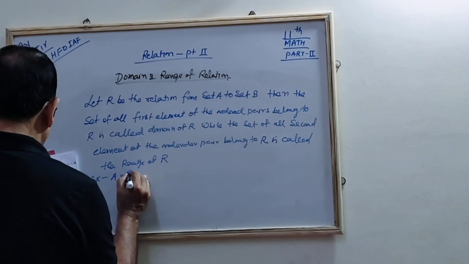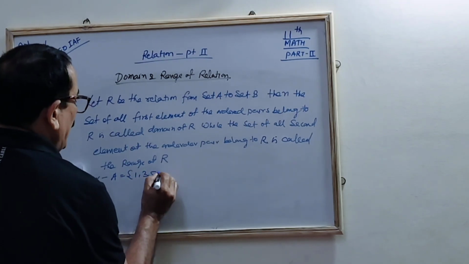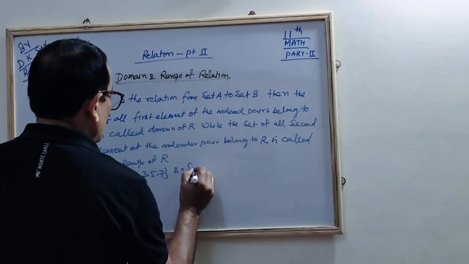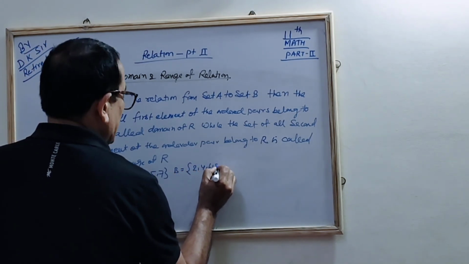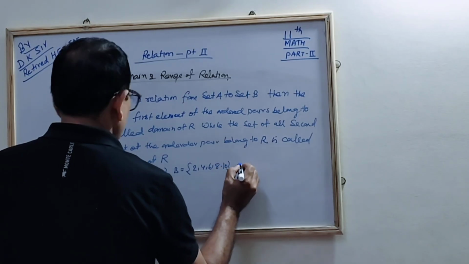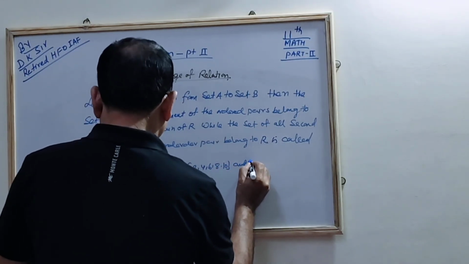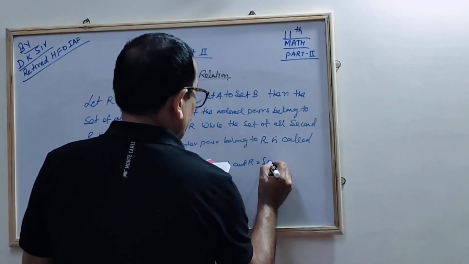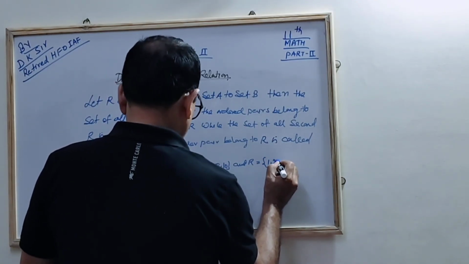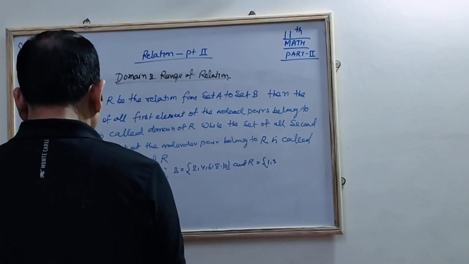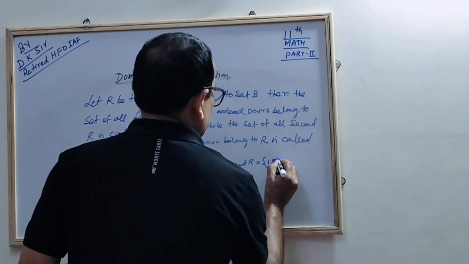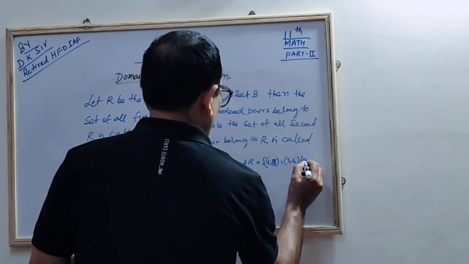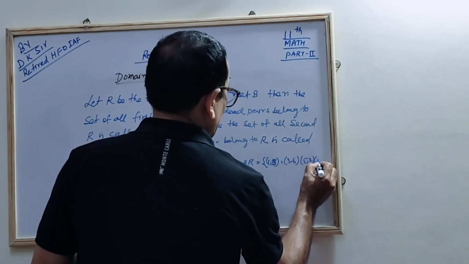A is a set which has the elements 1, 3, 5 and 7, and we have another set B which has 2, 4, 6, 8 and 10. Then R is a relation from set A to B, equal to {(1, 8), (3, 6), (5, 2), (1, 4)}.